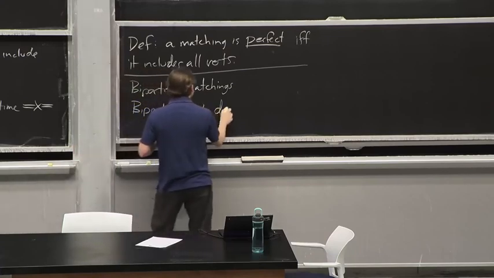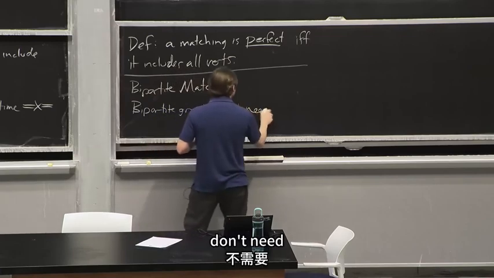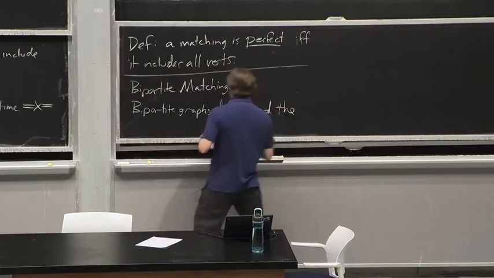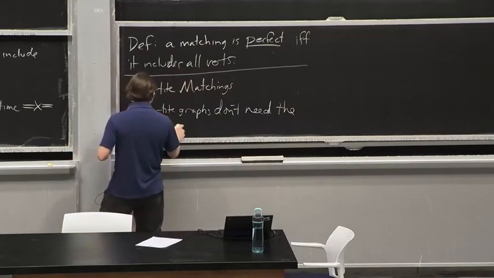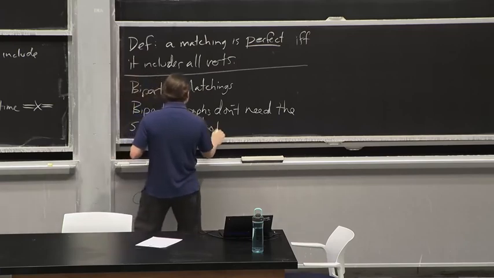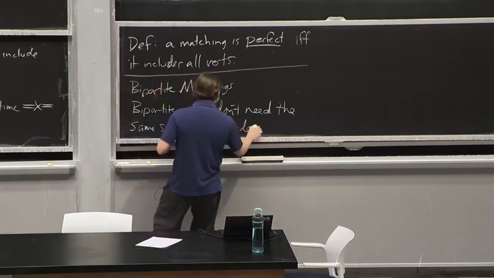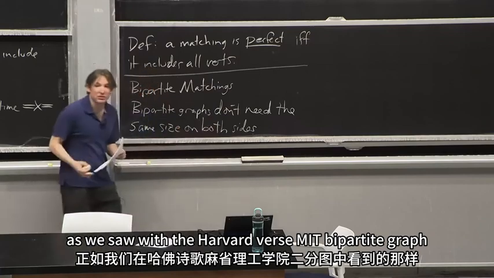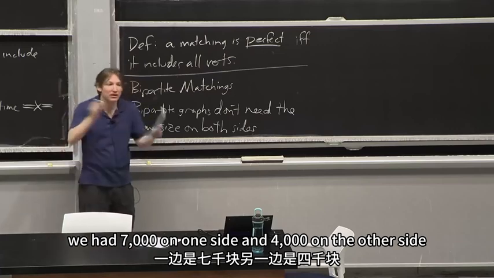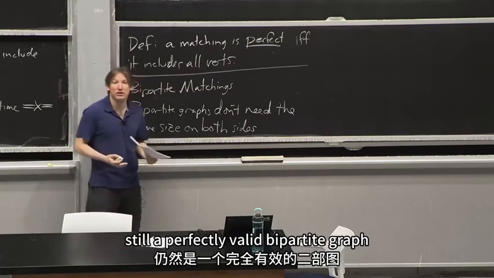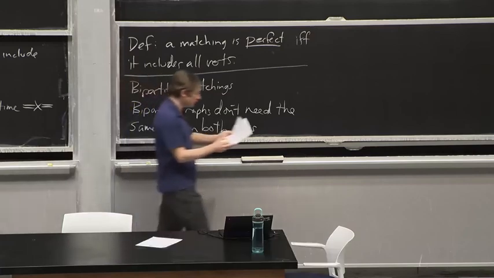And to emphasize, remember from last time, bipartite graphs don't need the same size on both sides. As we saw with the Harvard versus MIT bipartite graph, we had 7,000 on one side and 4,000 on the other side. Still a perfectly valid bipartite graph.